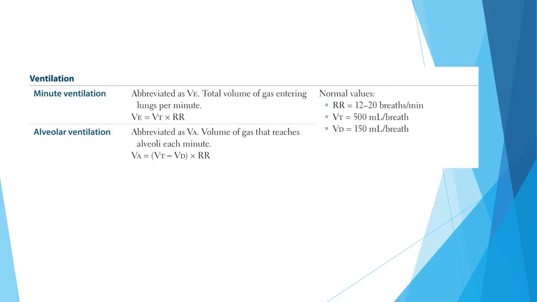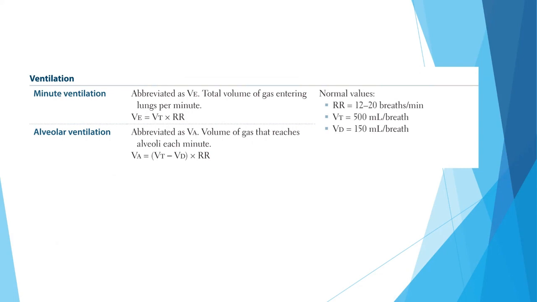So, for example, let's say the tidal volume is 500. Among that 500, 150 ml of the air is left in the trachea and bronchi. That air does not reach the alveoli. So you subtract that 150 ml from the 500, then you get 350, and that 350 ml is transported to the alveoli in each breath.